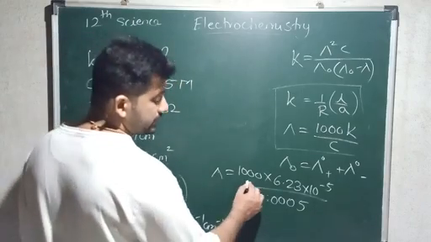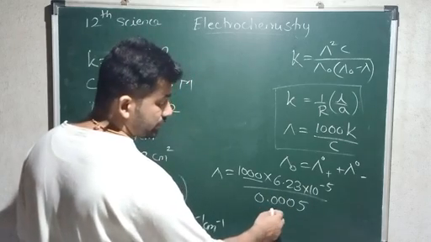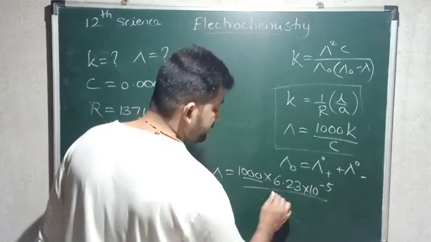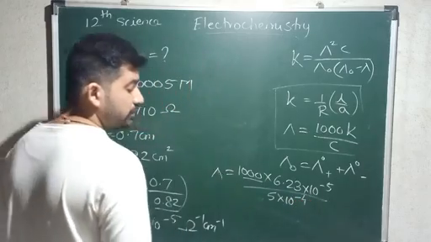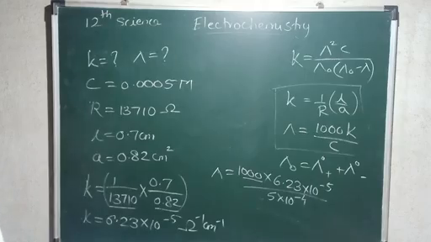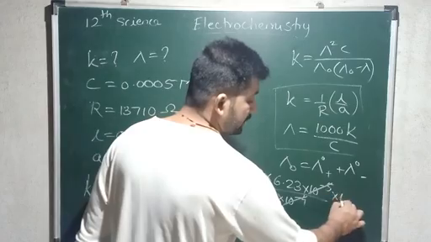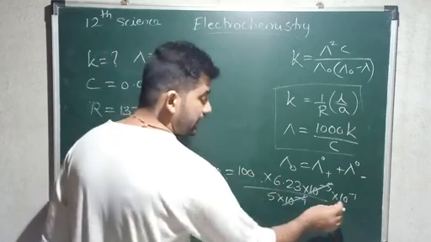So we can directly take the 3 zeros, 10 raised to minus 3, and write this as 5 into 10 raised to minus 4. So this minus 4 and minus 5 will cancel out, and we will have 10 raised to minus 1. That 10 raised to minus 1 will shift over here and we will get 100.